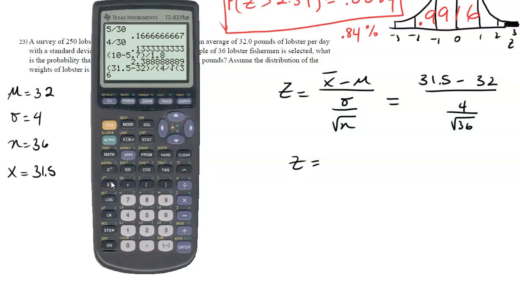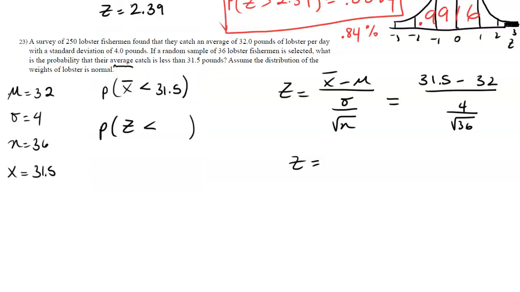I'm really being silly by putting the square root of 36, but whatever. Negative 0.75. That's my Z value. Let me write it so it looks a little nicer. Negative 0.75. So what we're trying to determine here is the probability that Z is less than negative 0.75.